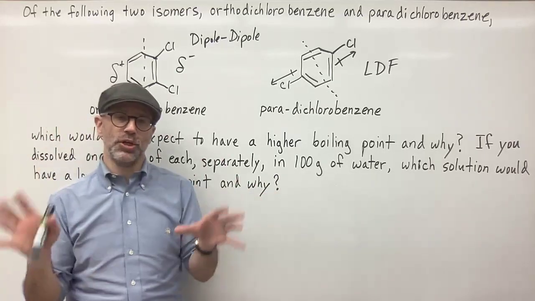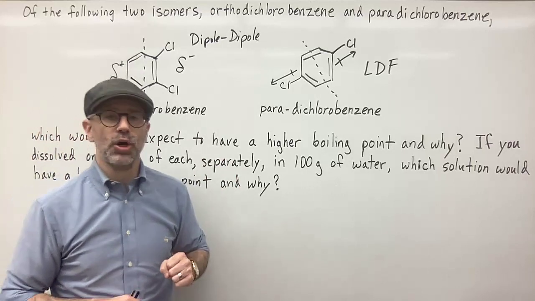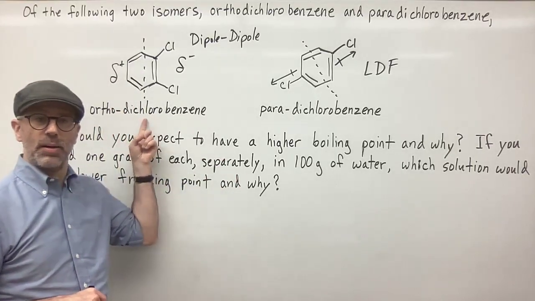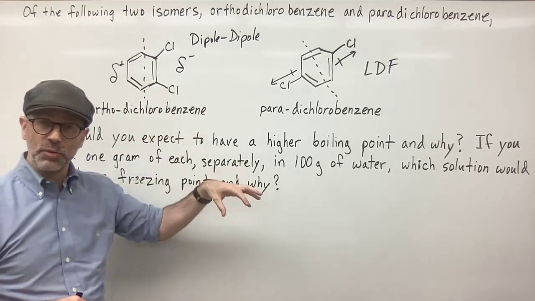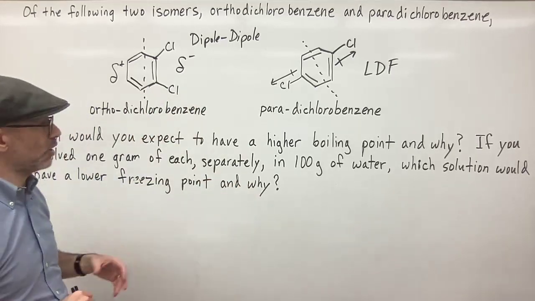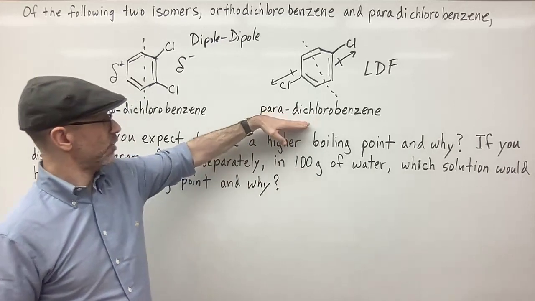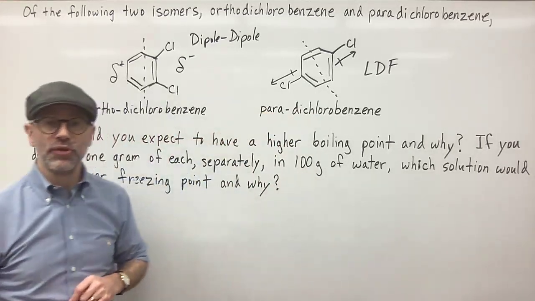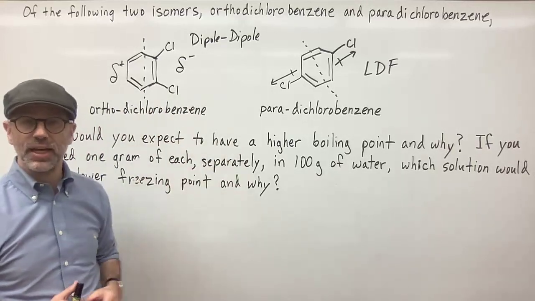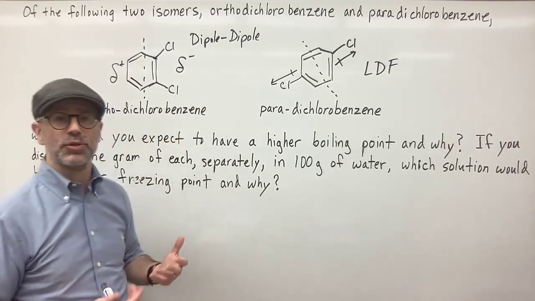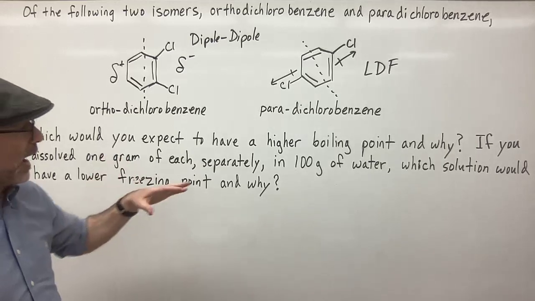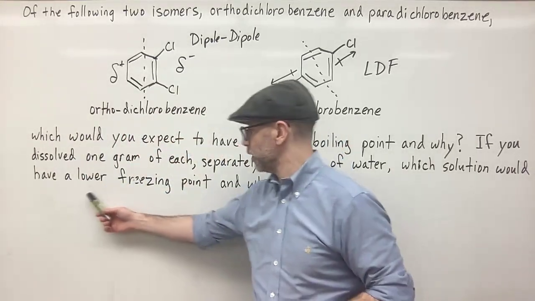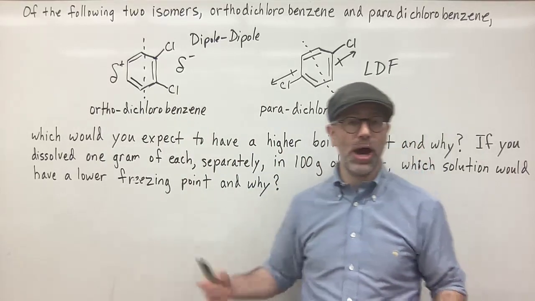So we're going to have 2 beakers of water, and we're going to put 1 gram of the orthodichlorobenzene into 1 beaker of 100 grams of water, and then we're going to take 1 gram of the para-dichlorobenzene, and we're going to dissolve that in a different beaker with 100 grams of water. And then they're asking us which solution would have a lower freezing point and why.